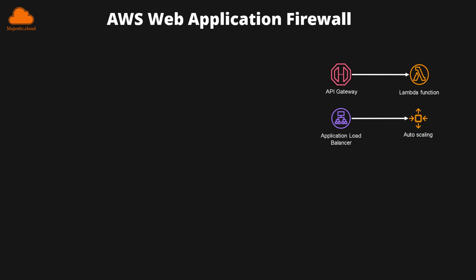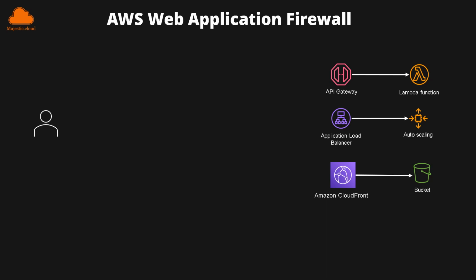You could also have, for example, an application load balancer which has an auto-scaling group behind, and that has several instances that are serving your traffic. You could also have something like an Amazon CloudFront distribution, which you use to serve static content to your users.